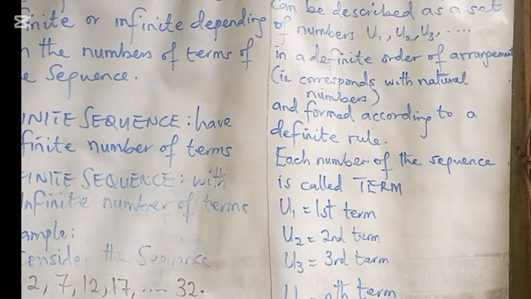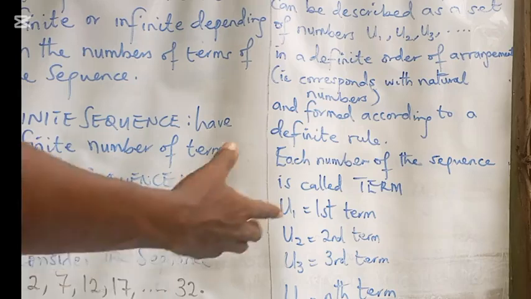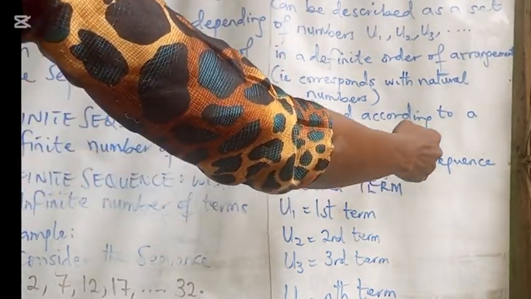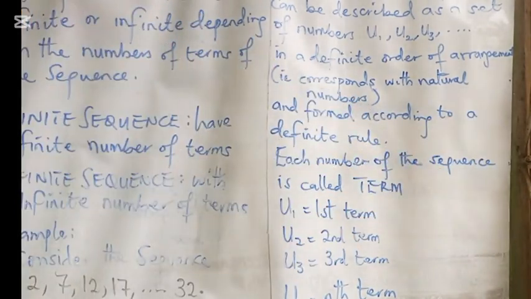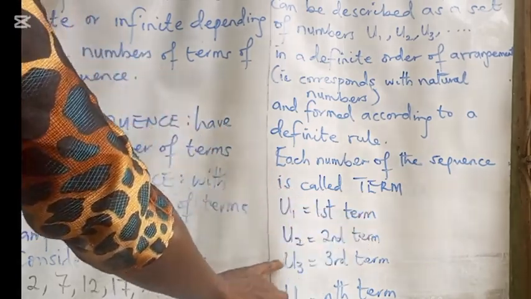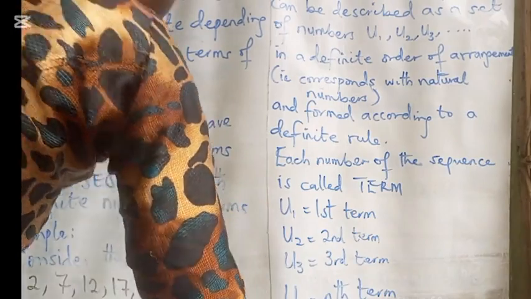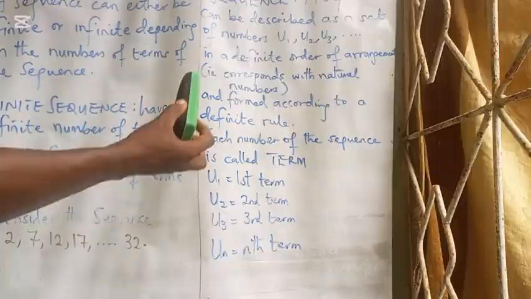Looking at this sequence, based on what I said here, where I said each number of the sequence is called the term, and that my U1 is the first term, my U2 the second term, U subscript 3, we call that the third term. Then what happens here?